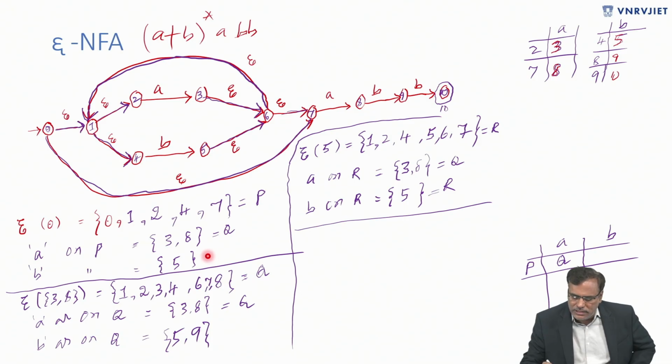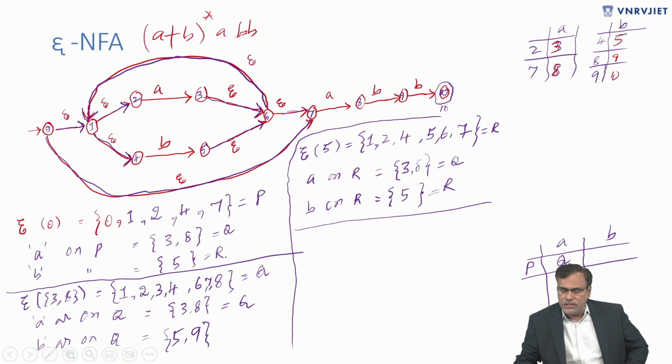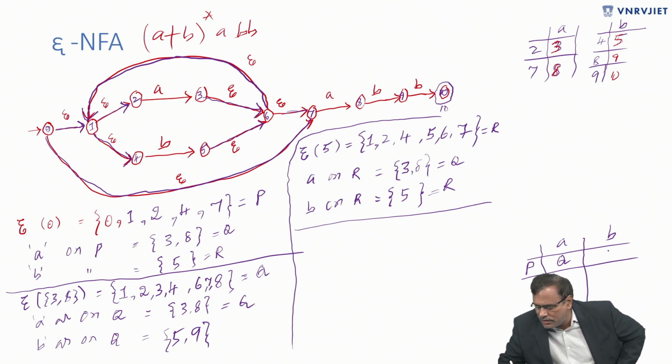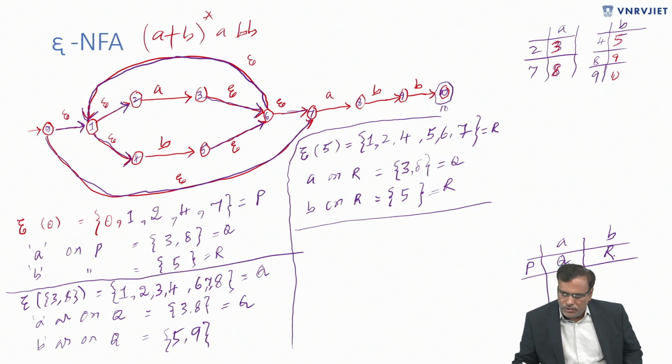Let me write. So P on A we have already written Q. So P on B, this time you can write R. I think you have got it.